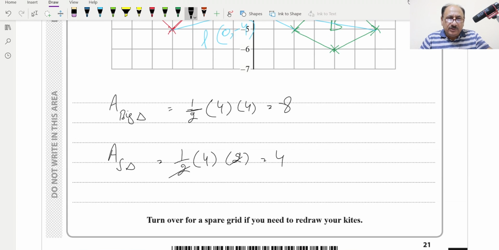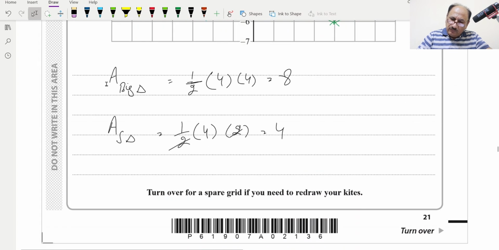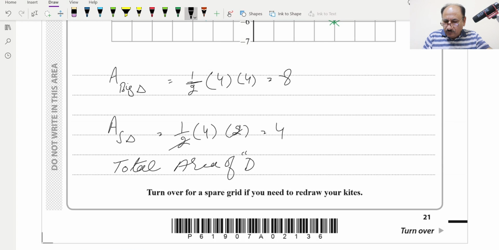So area of kite D, what they are saying, total area of D will be equal to 8 plus 4, which is equal to 12. So area of D is 12.